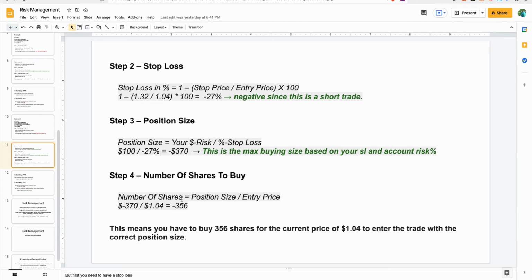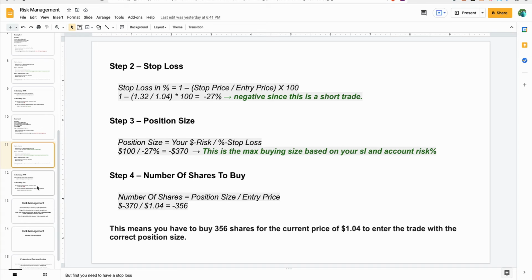So the maximum buying power or buying size that you can use for this trade, according to your account risk and your stop loss price, is $370. So to find the number of shares easily, you take $370 divided by 1.04, which equals 356 shares for the current price of 1.04 to enter the trade with the correct position size.